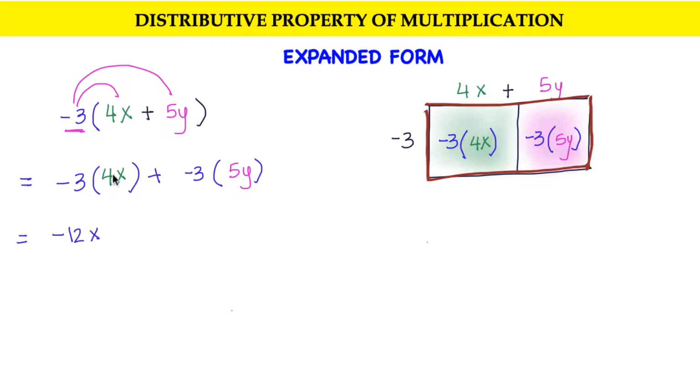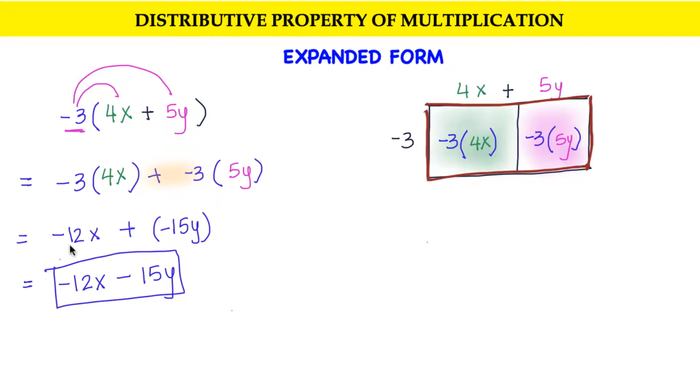Remember, negative times positive is negative, plus -3 times 5y is -15y. And again, we can rewrite this as -12x. And if you see a plus negative, you can write that as a minus positive. So you can write this as -15y. And that would be the expanded form of this expression.